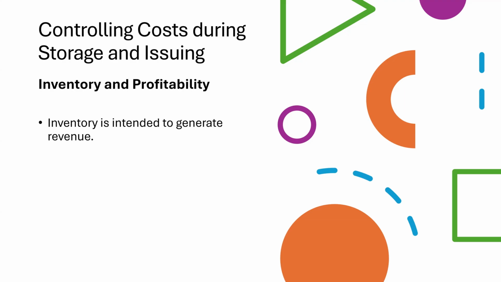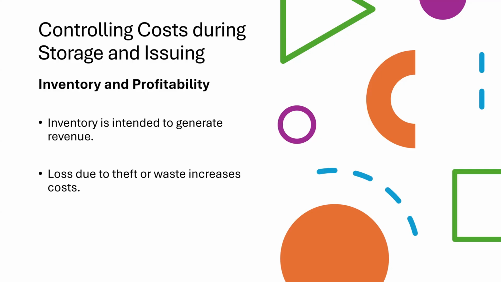Inventory really is intended to generate revenue. We take bits and pieces of inventory, the chef works their magic, and out pops something that was on the menu, and then we serve it to the guests. So we want to make sure we understand that inventory is intended to generate revenue. We've also talked about how loss due to theft or waste increases our costs.